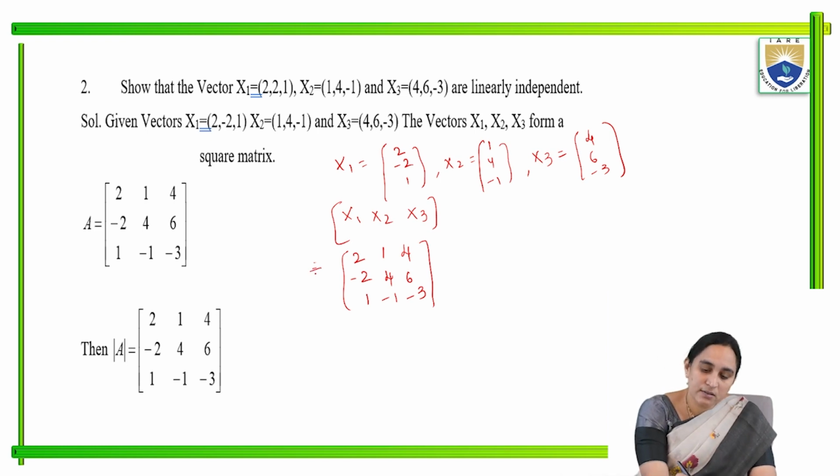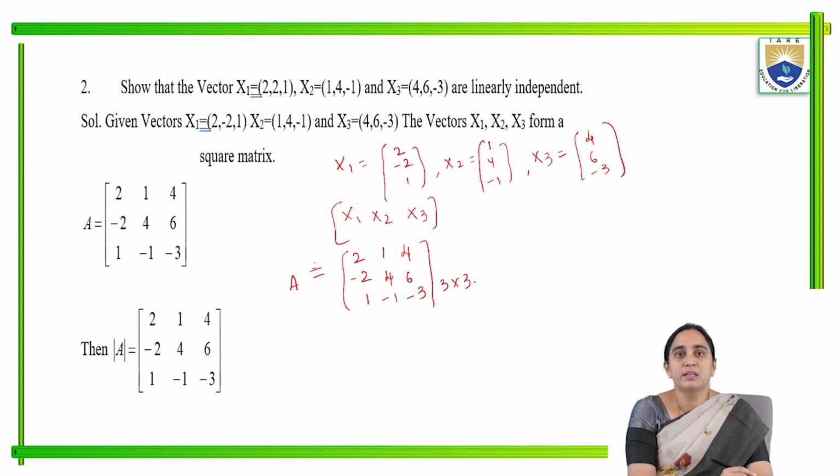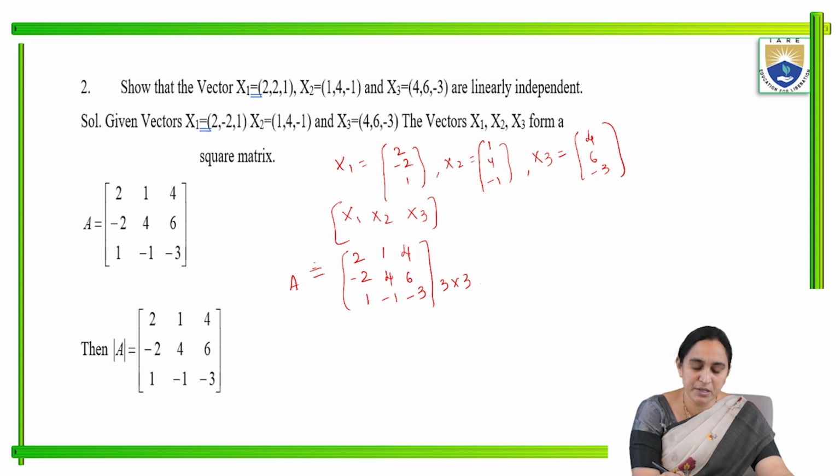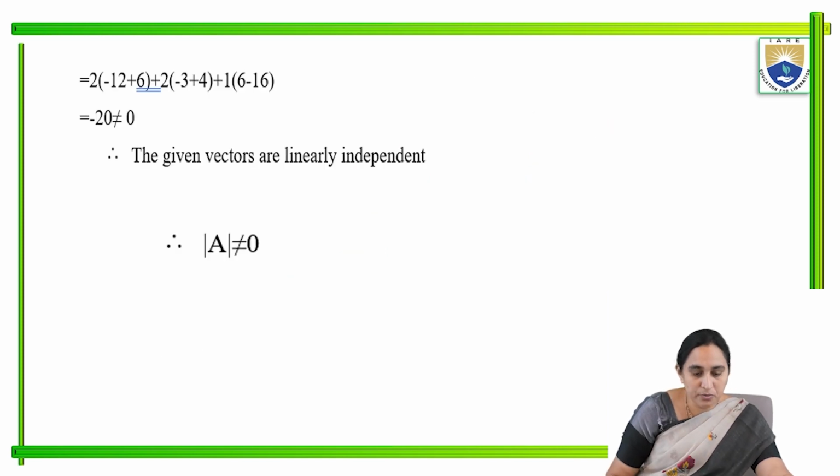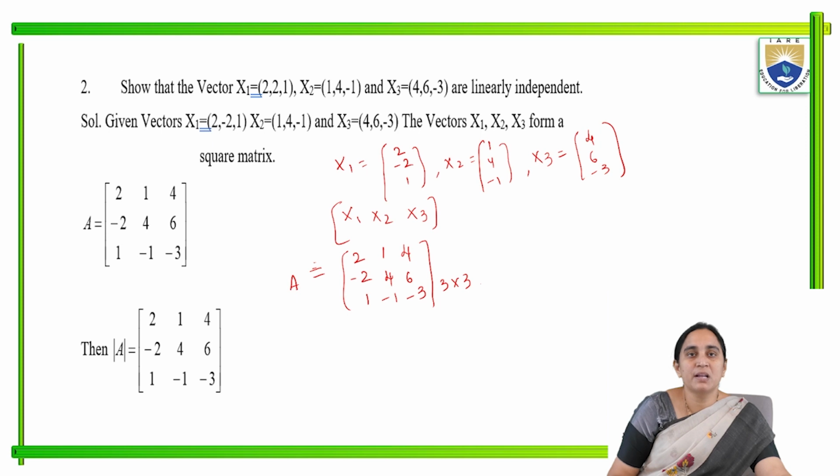This is the 3 by 3 matrix. For that, we have to find the determinant of A. If det A is not equal to 0, the given vectors are linearly independent. If det A is equal to 0, they are linearly dependent. First we have to verify the determinant of A value.